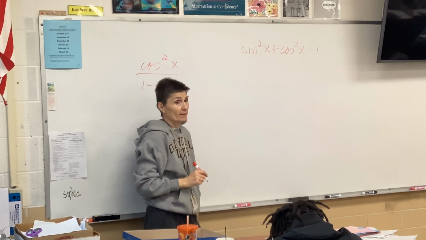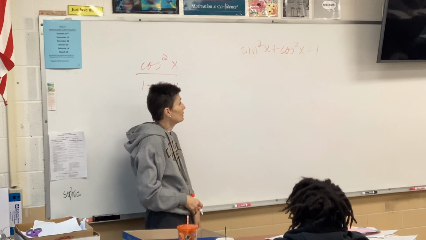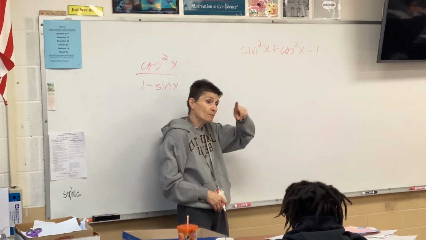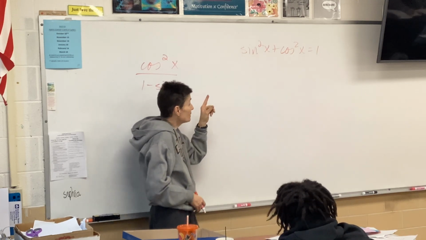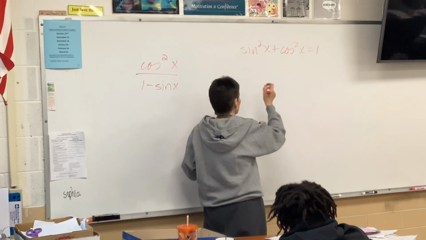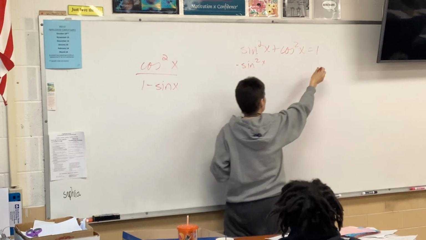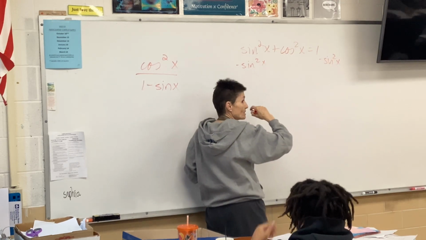It's called the fundamental trigonometric identity. You can rearrange that just like we rearranged earlier with our secant tangent formula. This can be rearranged. So for example, if I subtracted sine squared from both sides, what would my equation say?